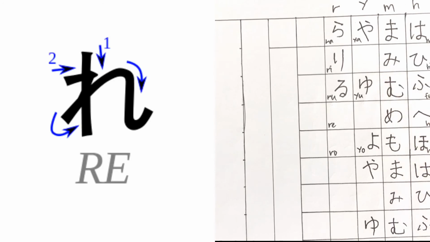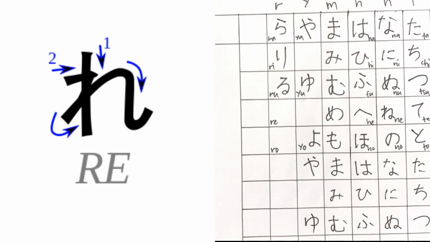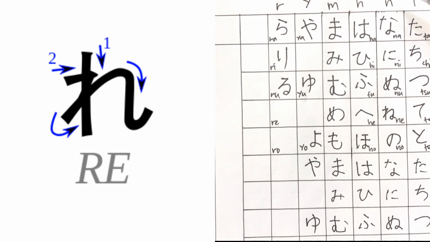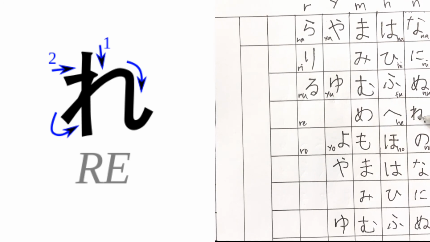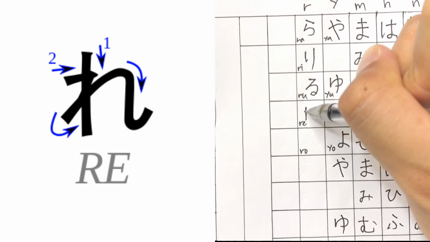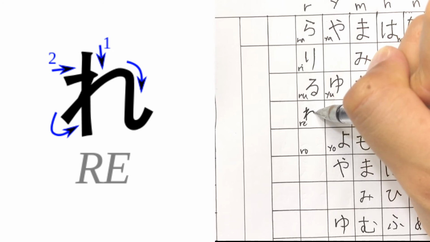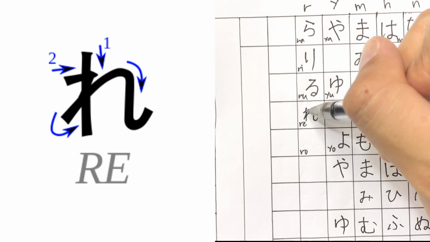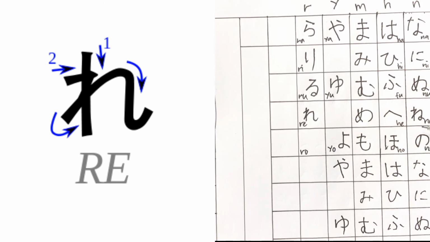The next character will be re. Re is like the character ne, but the difference is this one right here. So 1 and 2. We go outwards. This one we turn. So this is the difference between re and ne. Last character for R is ro.